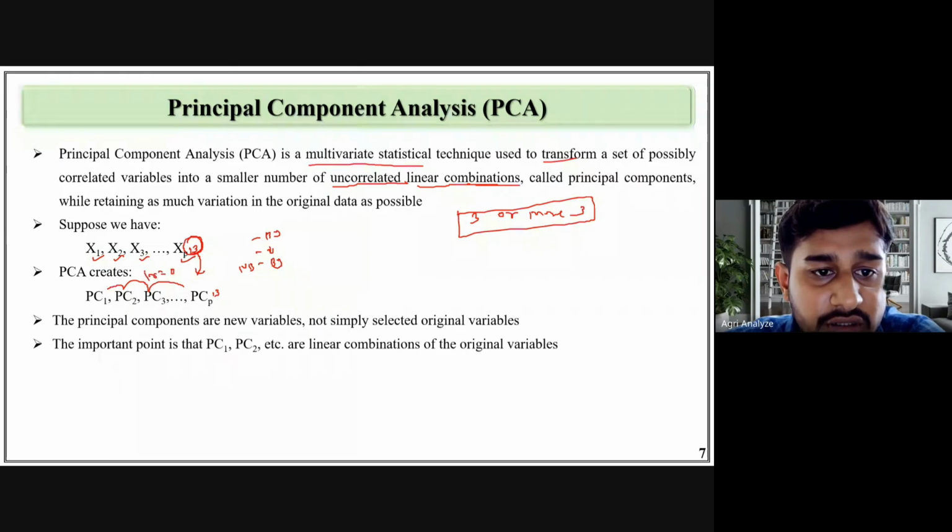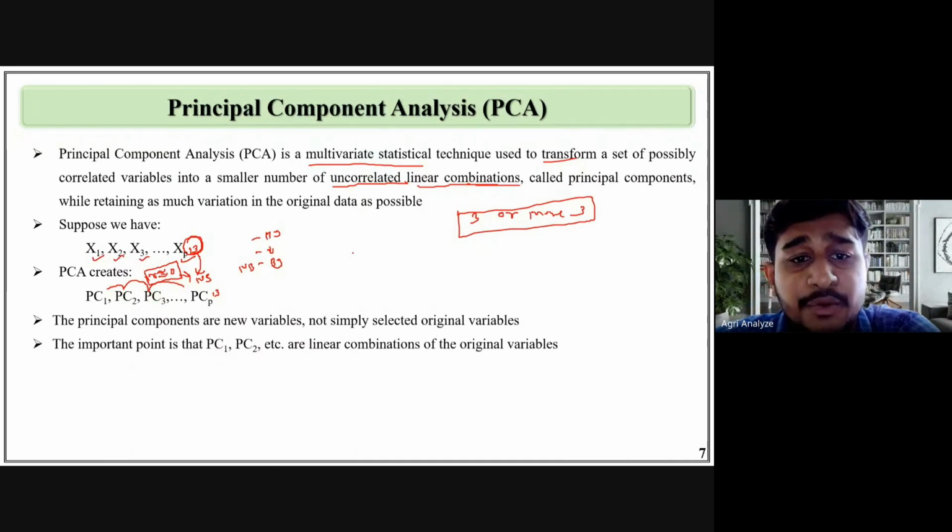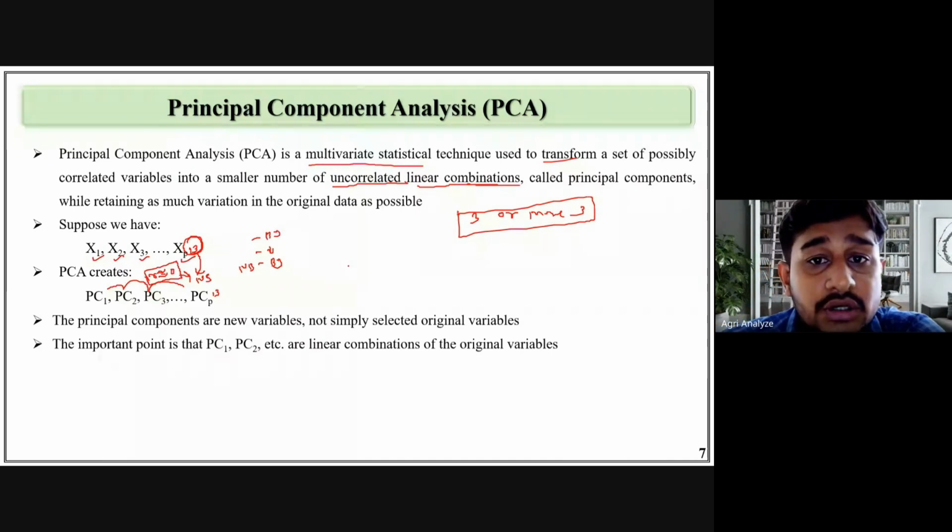It means the correlation between them is near about 0, a non-significant correlation. This way, principal component analysis transforms the original correlated data into uncorrelated linear combinations, which are called principal components. Okay.